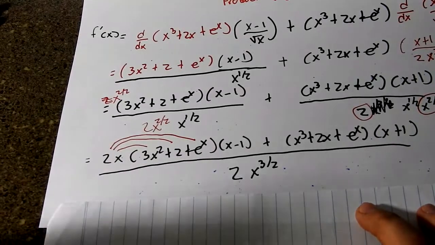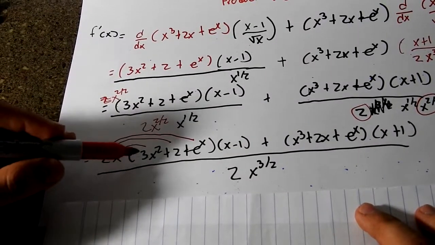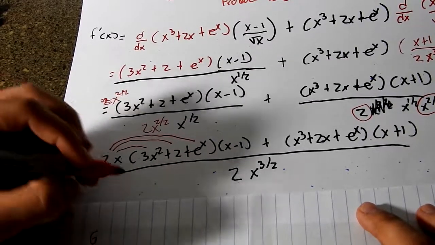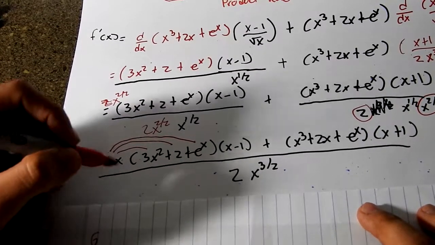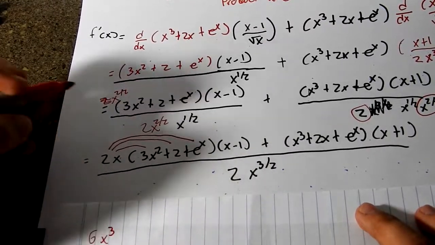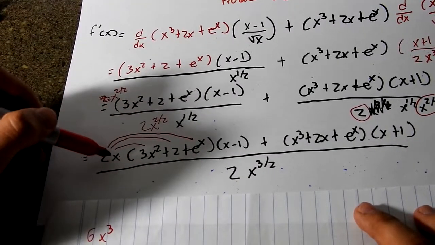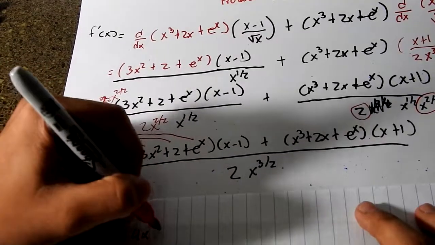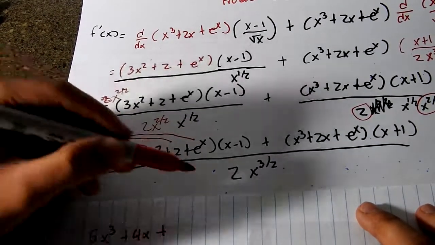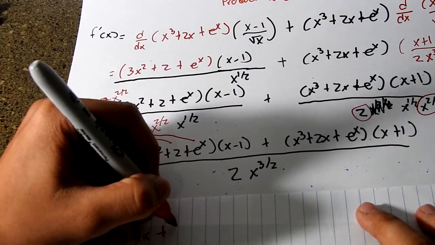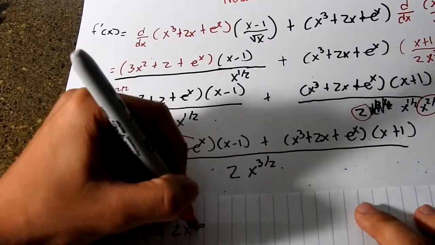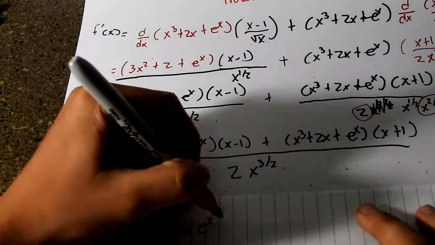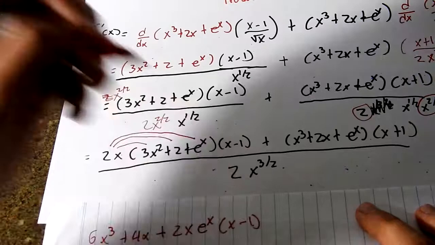So now 2x times 3x squared, that's going to be 6x to the third, yes, 6x to the third. And then we have 2x times 2, we're going to have 4x. And then we're going to have 2x times e to the x, that's going to be 2x e to the x, right? And then times x minus 1.